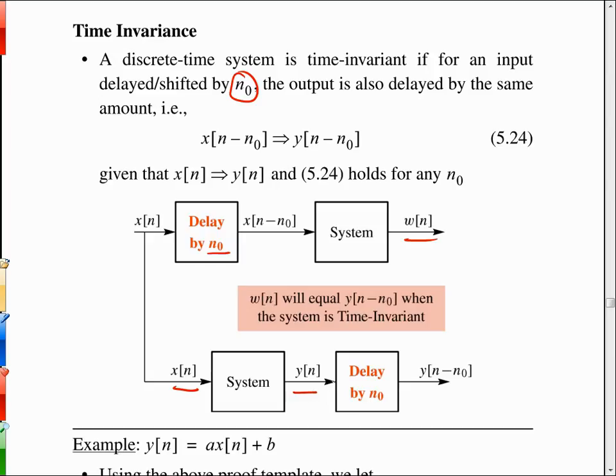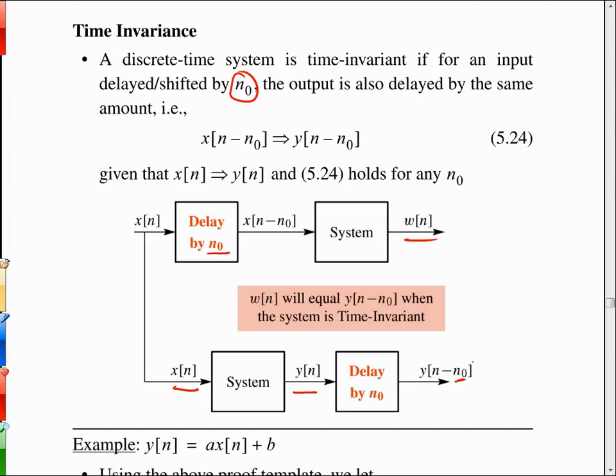If the system is truly time invariant, w of n should equal y of n shifted by n naught samples. And what that is telling us then is that the system behavior is identical when we apply the input at the present time, or sometime in the past, or sometime in the future. That's what the time invariance means.